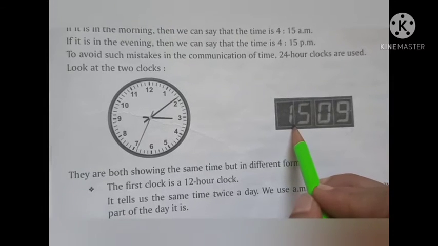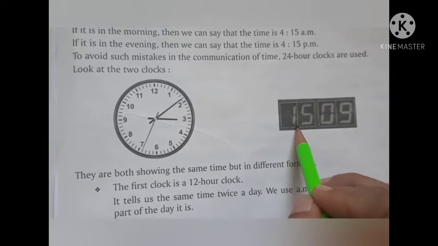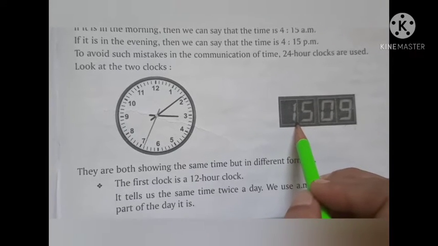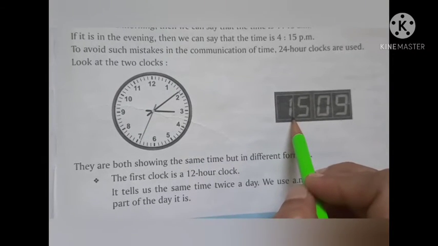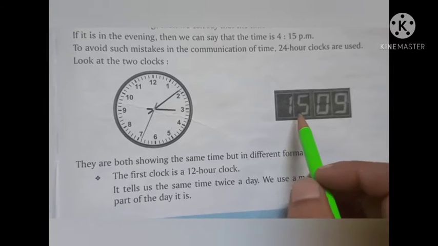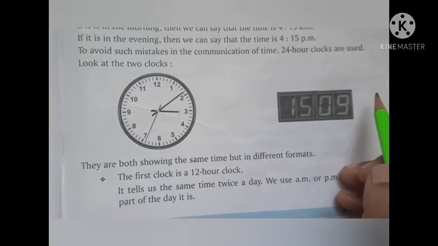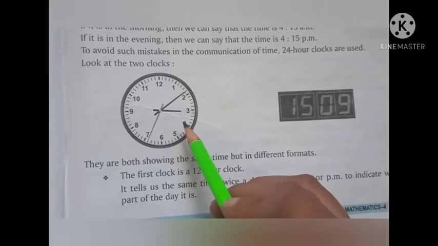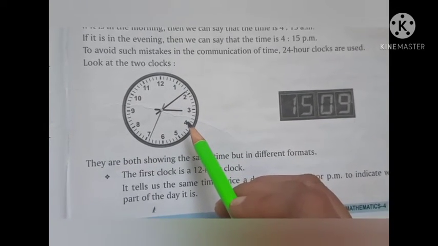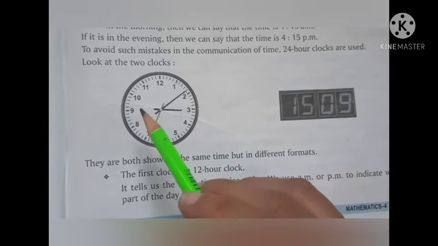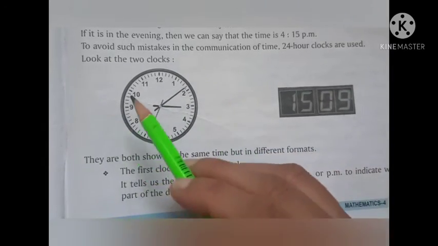This clock is a 12-hour format clock, so it shows the timing of only 12 hours. As we all know, one day has 24 hours, and so the 24-hour clock shows the timing from 0 to 24. All the numbers on the 12-hour clock are used twice, right?